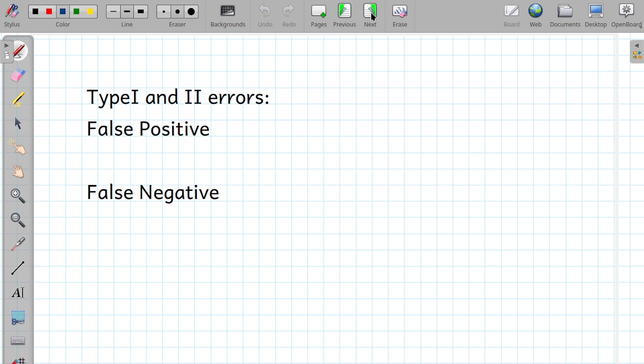A false positive is analogous to an innocent person being wrongly convicted of a crime. The evidence has been erroneously found to convict that person. False negative, then, is the opposite, where a guilty party goes free due to lack of evidence.